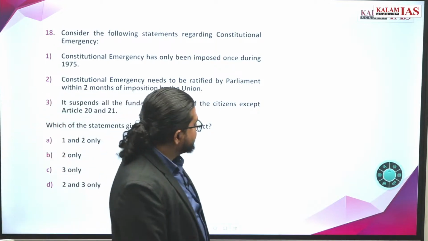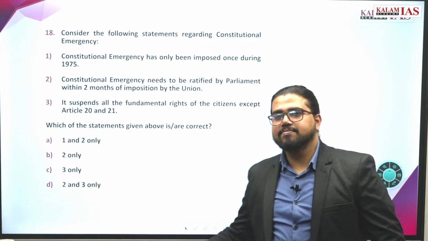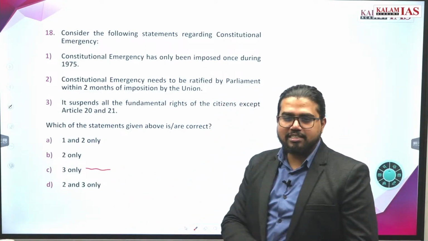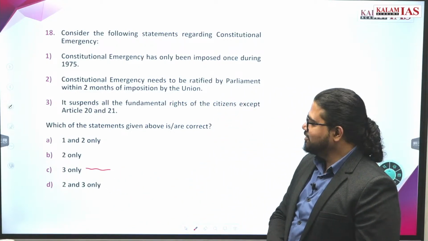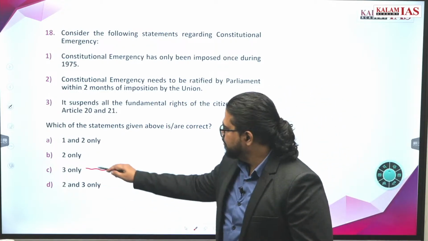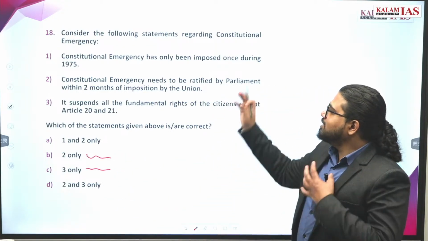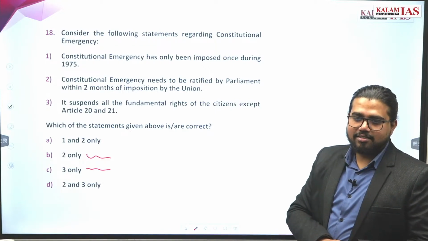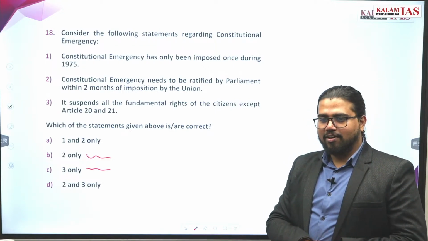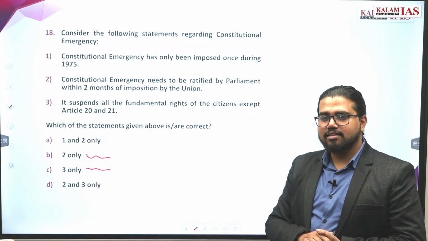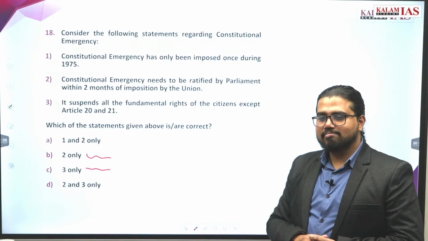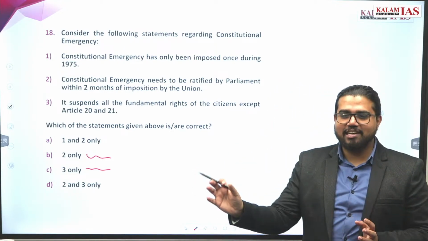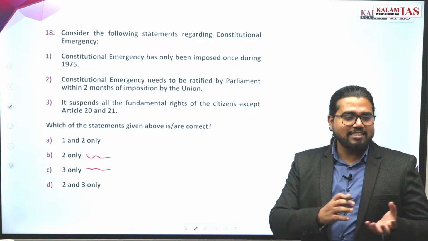Done? What is the answer? C. All of you are saying C. Which one? Tell me. B. So what mistake are you going to commit here? What is constitutional emergency? Constitutional emergency means a specific type of emergency. Which one is it?